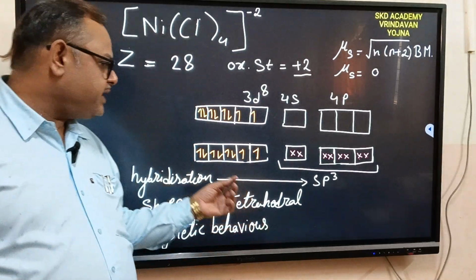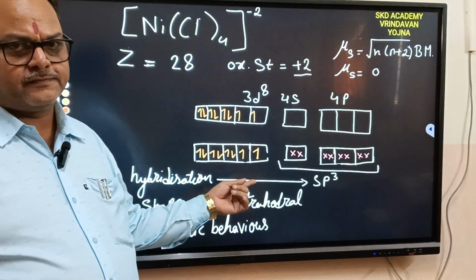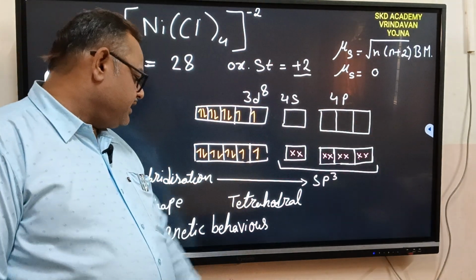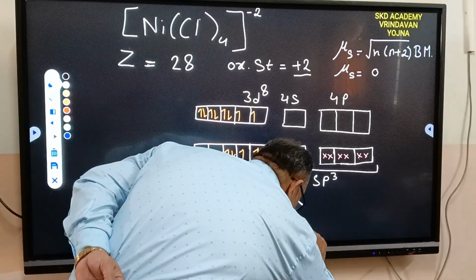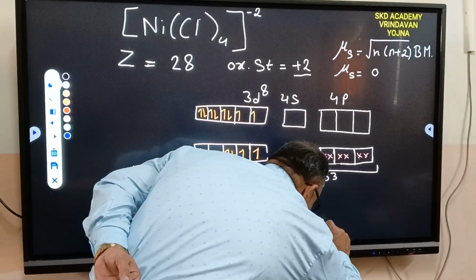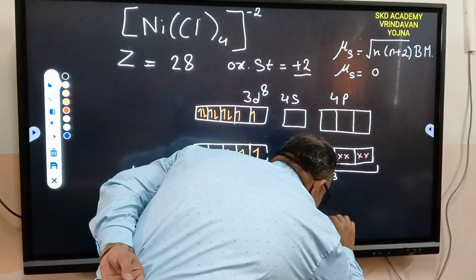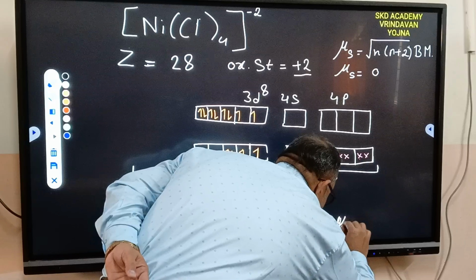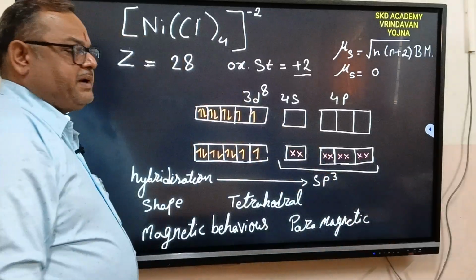But as we can see, we have 2 unpaired electrons present here. These 2 unpaired electrons will impart paramagnetism. So the complex will be paramagnetic.